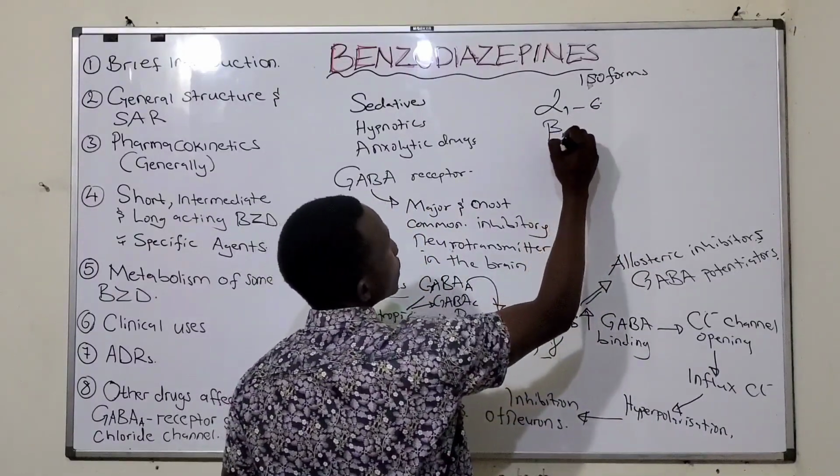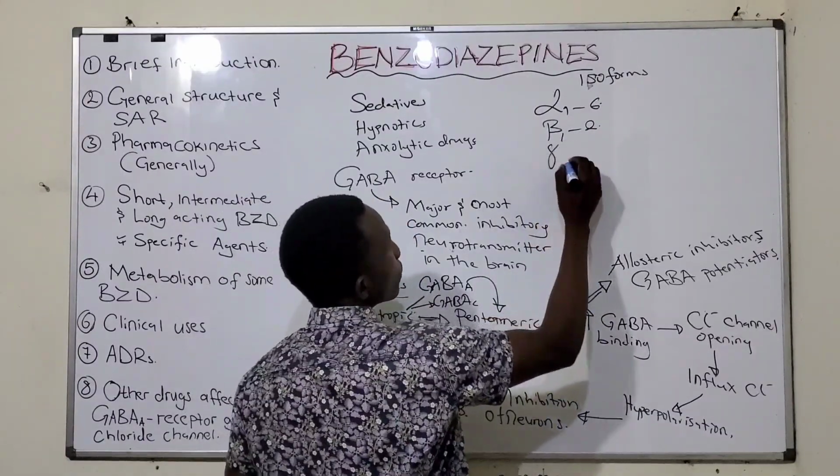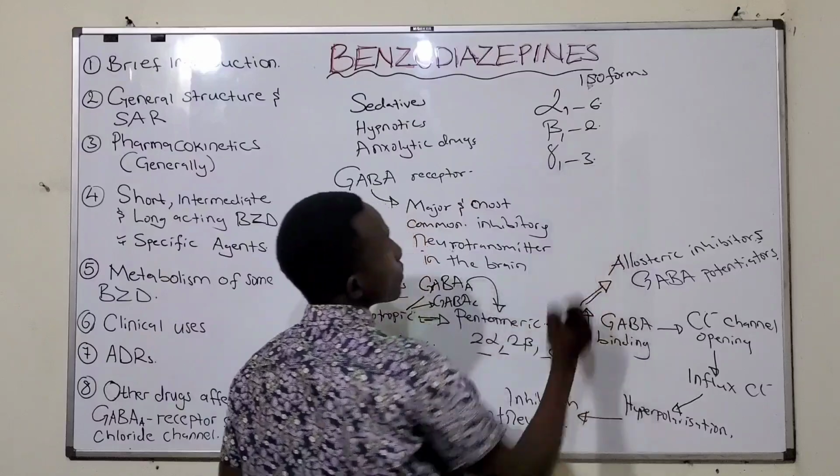For beta, we have beta 1 up to beta 3. For gamma, we have gamma 1 up to gamma 3.